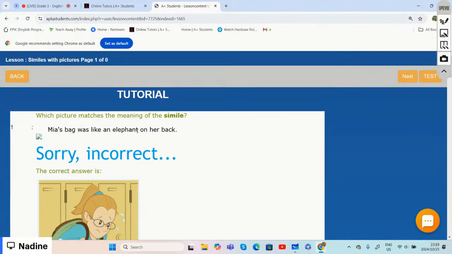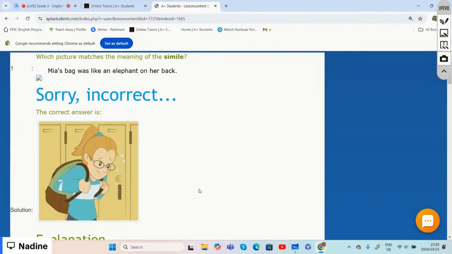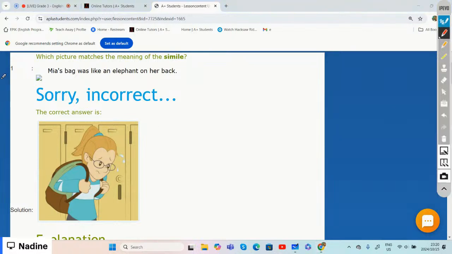And then the simile that matches the picture is saying Mia's bag was like an elephant on her back.